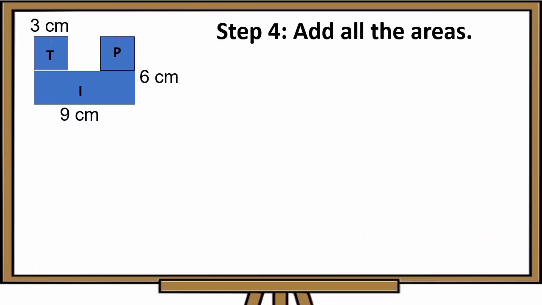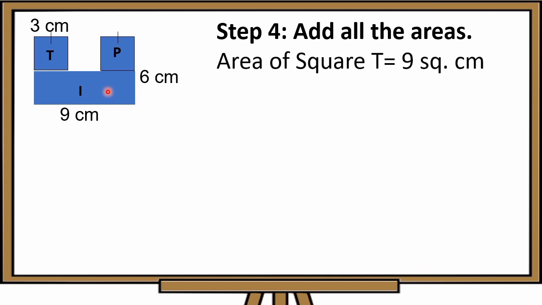Last step is step 4. Dahil nakuha na natin lahat ng measurement ng ating squares and rectangle, we will add all the areas para makuha natin yung measurement ng ating irregular figure. The area of square T, 9 squared centimeters.